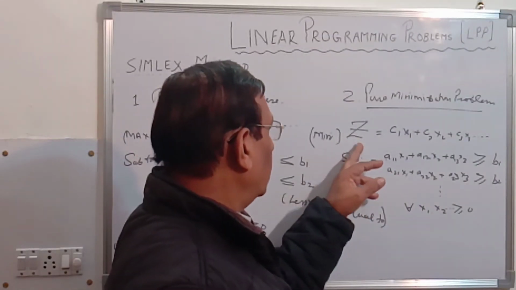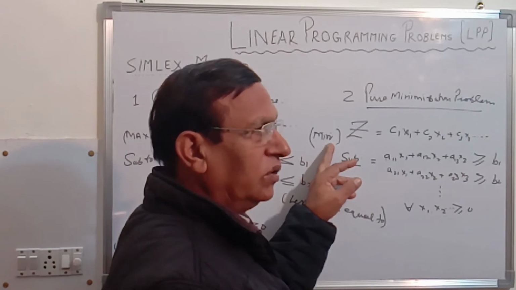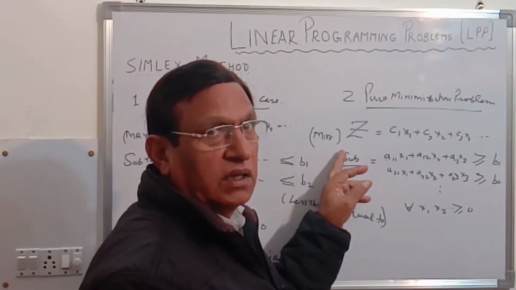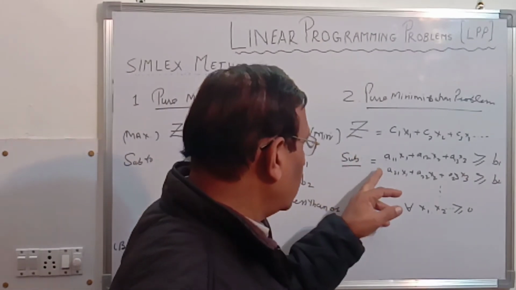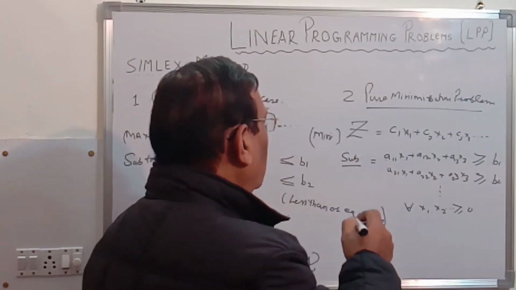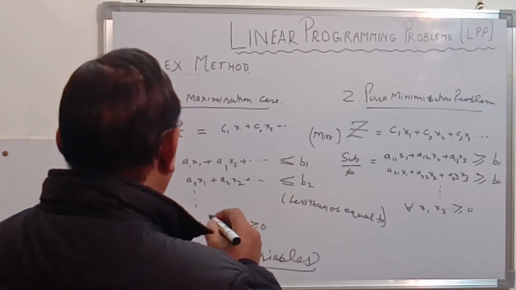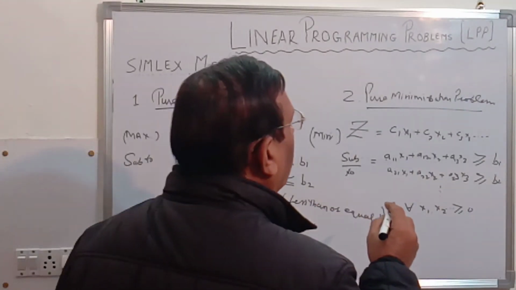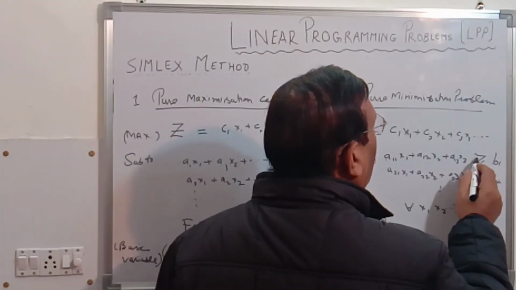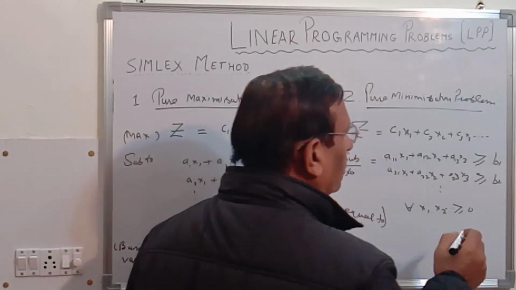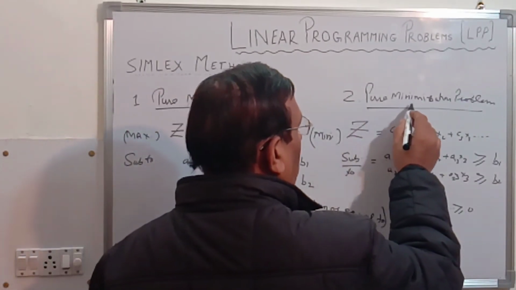When the objective function is minimization, that is you want to minimize your cost, time, distance, and your restrictions, your constraints, you can say conditions, are all greater than or equal to 0, then it is known as pure minimization.